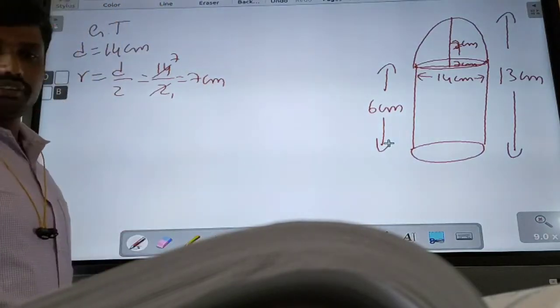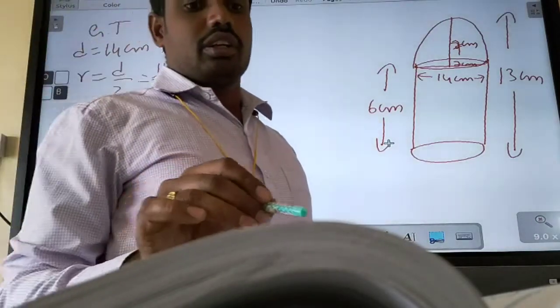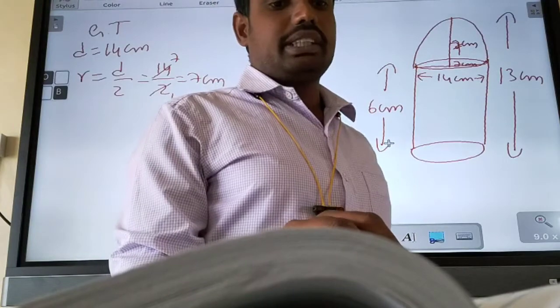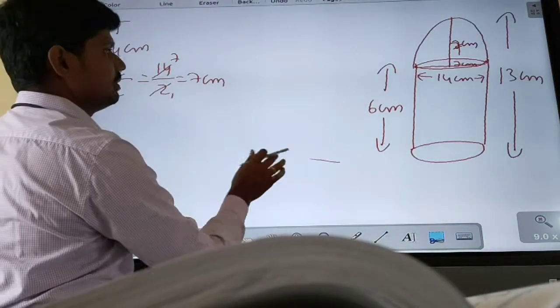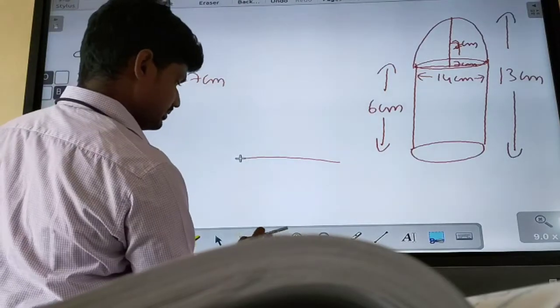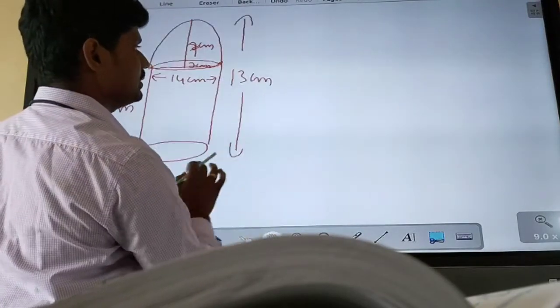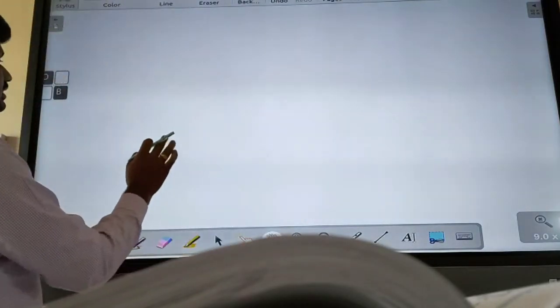Now find the inner surface area of the vessel. How to find out, children, the inner surface area of the vessel?